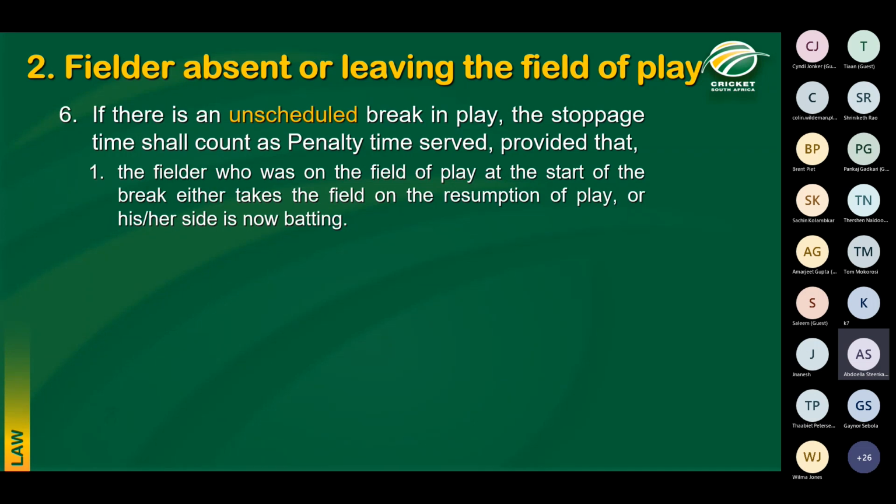Okay, but there are two criteria that need to be met under point number 1. Firstly, John had to be on the field of play at the start of the interruption. Secondly, John needs to take the field with the fielding side at the resumption of play after the rain break.